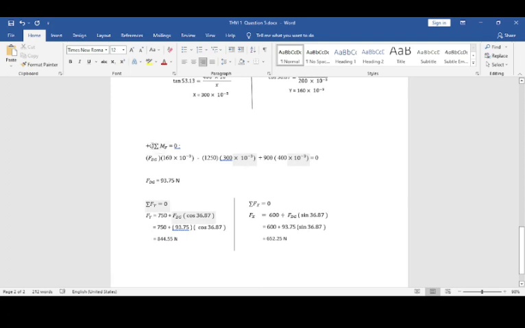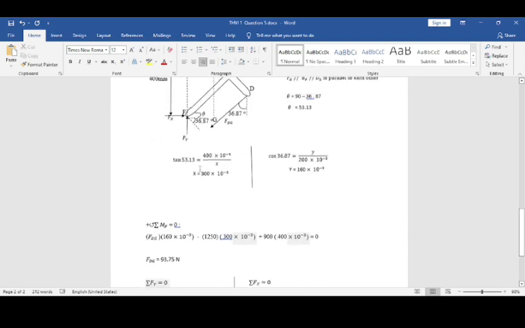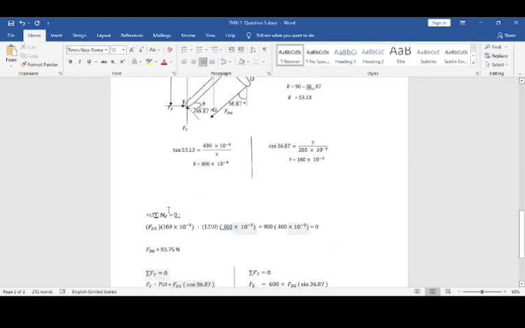So the summation of moment at F, we can take this F over here, is equal to 0.